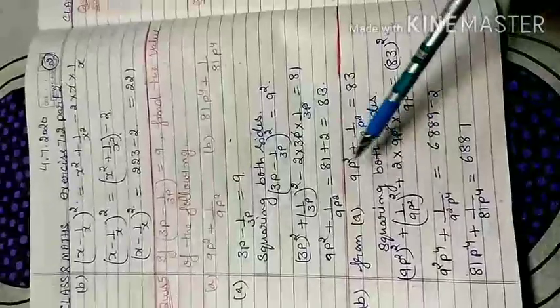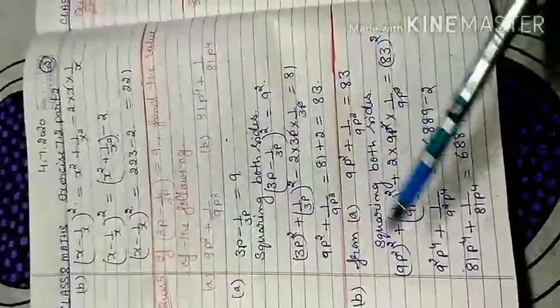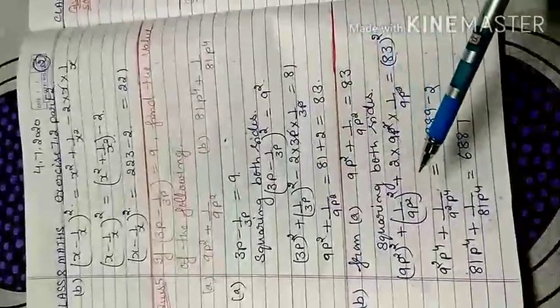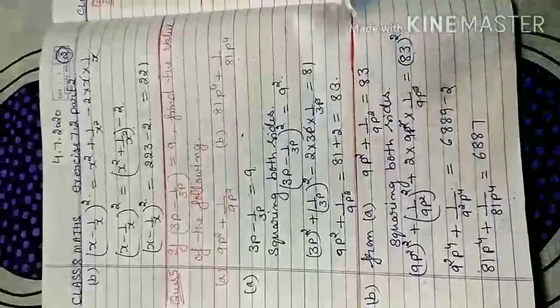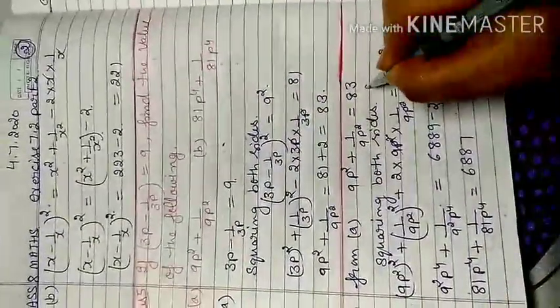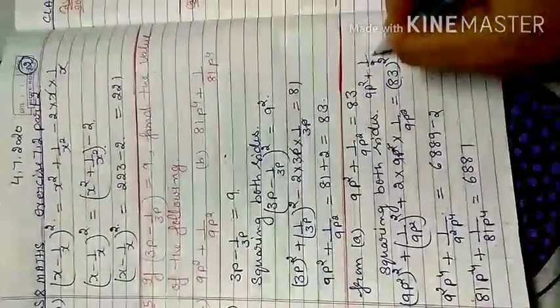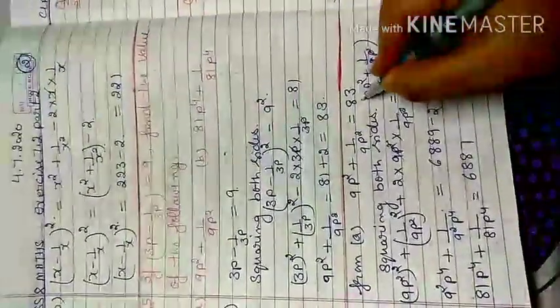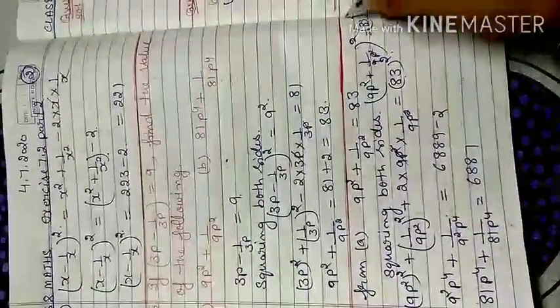Now from a, 9p square plus 1 by 9p square is equal to 83. Again squaring both sides, first term square, second term square, then plus 2 into first term into second term is equal to 83 whole square. So first you have to write (9p square plus 1 by 9p square) whole square equals 83 whole square.